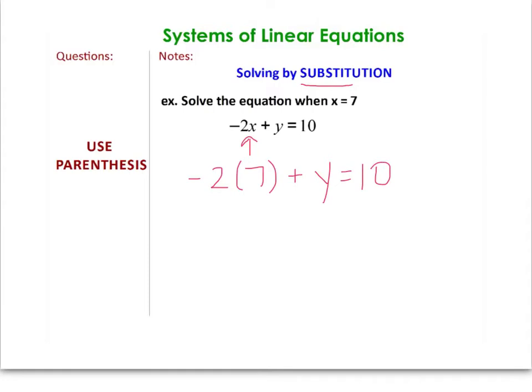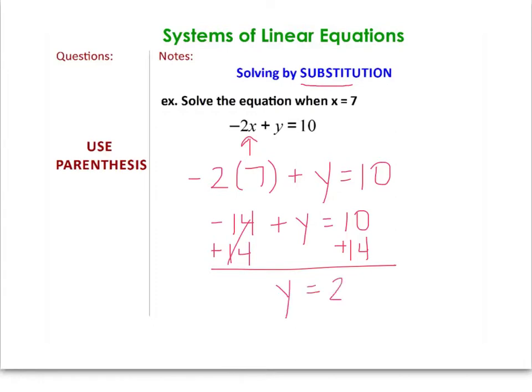Well, negative 2 times 7 gives me negative 14 plus y equals 10. Add 14 to both sides, and y equals 24. Well, I just solved that equation using substitution.